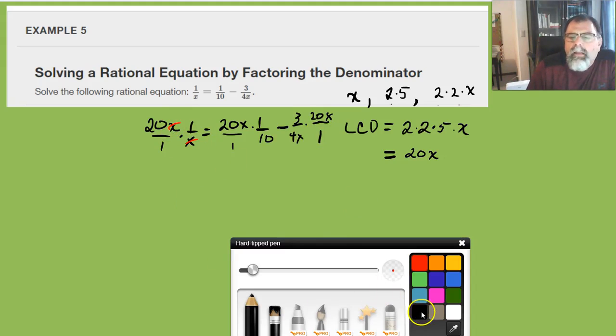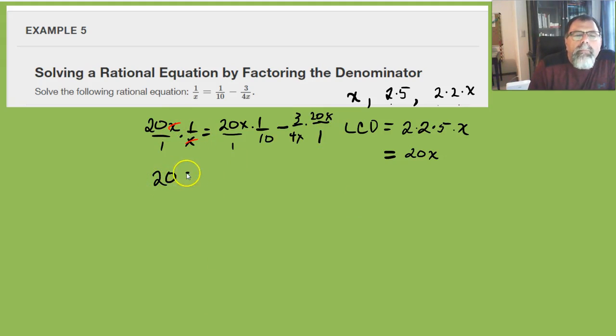So we're left with 20. Here, let's see, 10 goes into 20, leaves you a 2. You have 2x. 4x goes into 20x, leaves you 5. So the x's cancel. 20 divided by 4 is 5. And then what we're left with, 3 times 5 is 15.